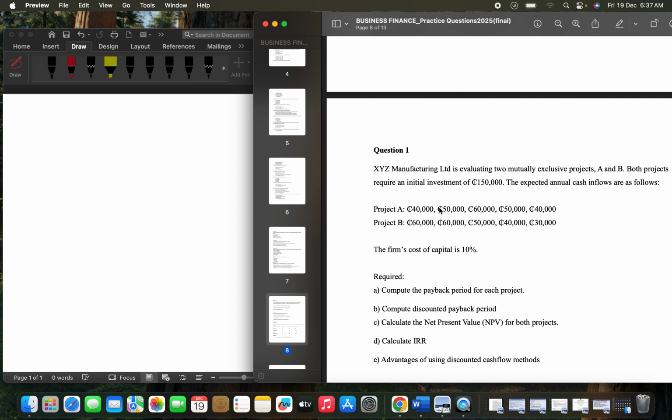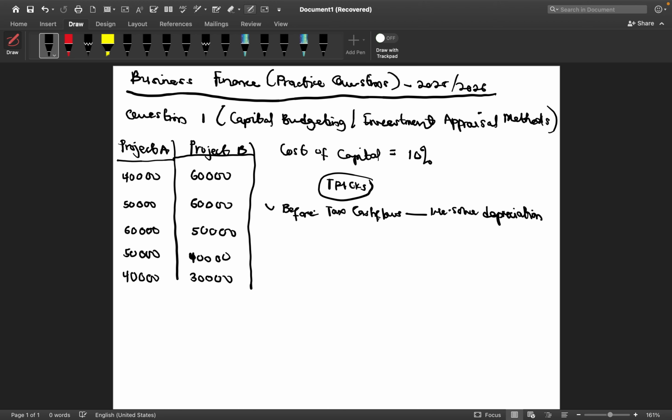For instance, if the cash flows are before tax, if the question stated that the cash flows are before tax, we solve depreciation first and add it back to all the initial amounts to get cash flows.